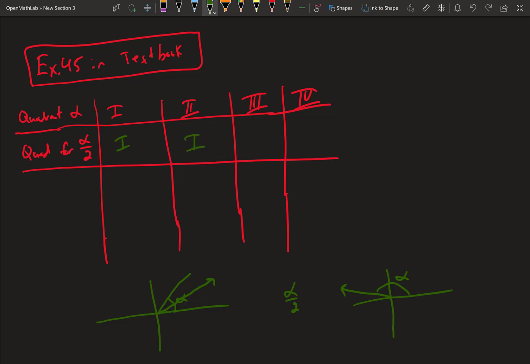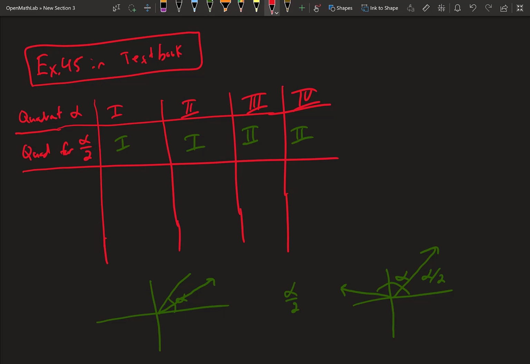We would be somewhere over here for alpha divided by 2. Following the same logic, if you're in quadrant 3 or 4, what you're going to be in is quadrant 2.